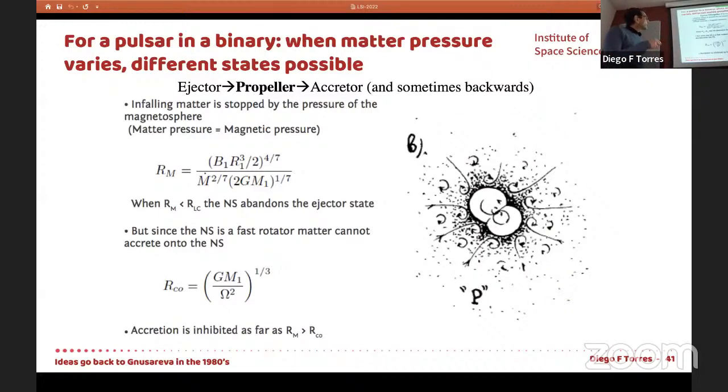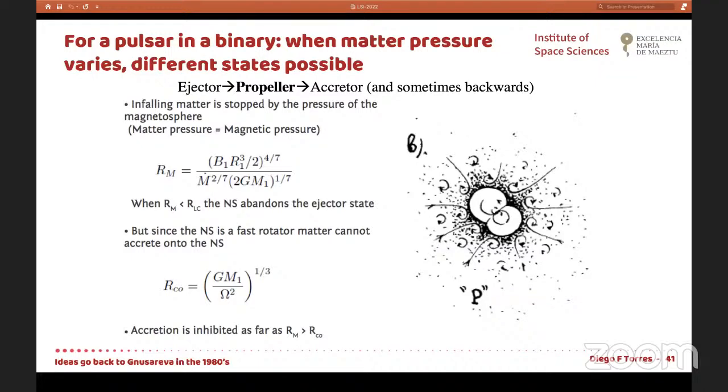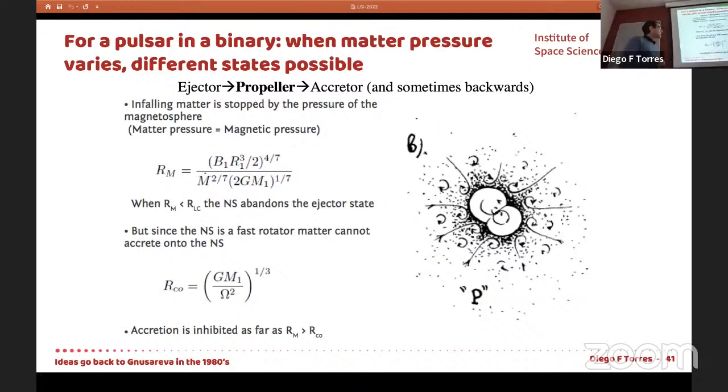The propeller state happens when the magnetic radius is less than the light cylinder radius. But still, you are in a propeller state there. You abandon the ejector state, but you are not accreting until this is still less than the co-rotation radius.